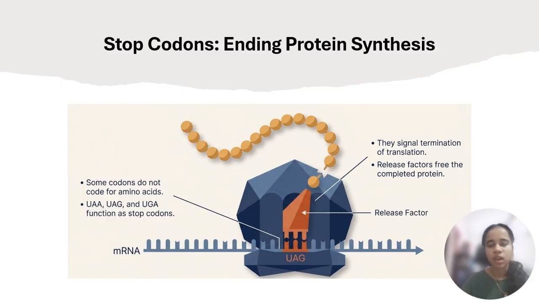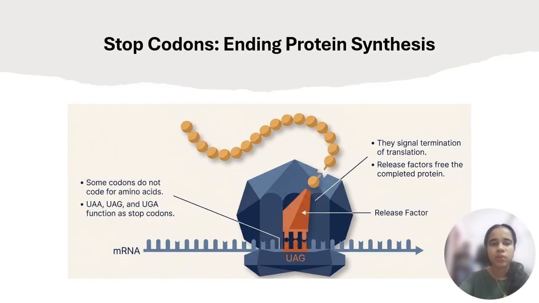Once this process starts correctly, it should also end at the right point. Just as translation needs a clear start, it also needs a proper ending, right? Some codons do not code for any amino acid, like UAA, UAG, and UGA. They act as the stop codons.